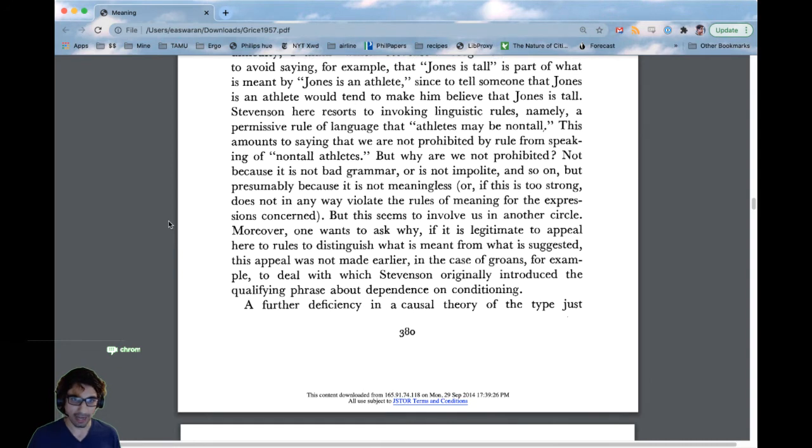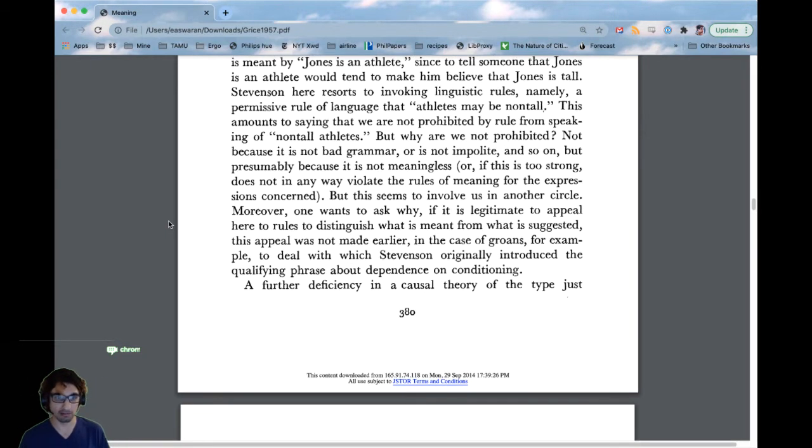Moreover, one wants to ask why, if it's legitimate to appeal here to rules to distinguish what is meant from what is suggested, this appeal was not made earlier in the case of groans, for example, to deal with which Stevenson originally introduced the qualifying phrase about dependence on conditioning. Stevenson's original account was where you just say something means something if it's produced by a mental state and produces the same mental state.